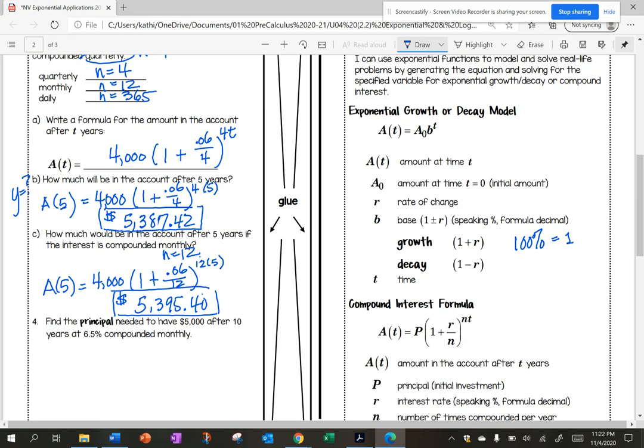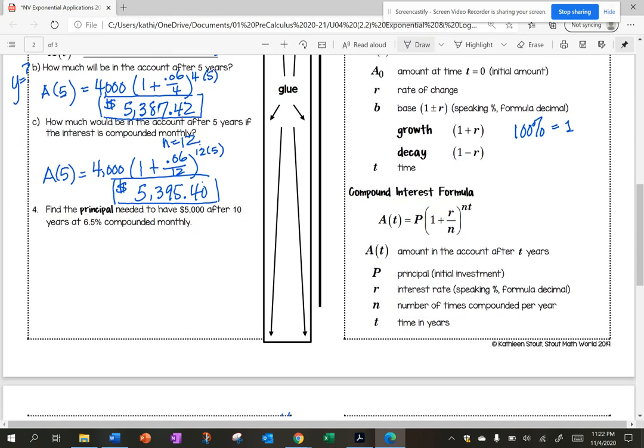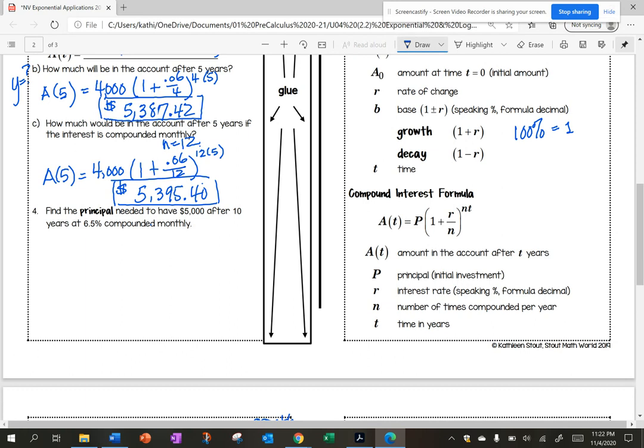Next question: find the principal needed to have $5,000 after 10 years at 6.5% compounded monthly. Okay, so this one is asking me to find the principal. So $5,000 is after 10 years.